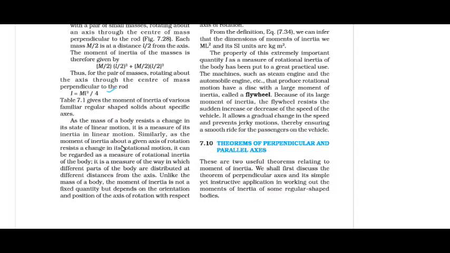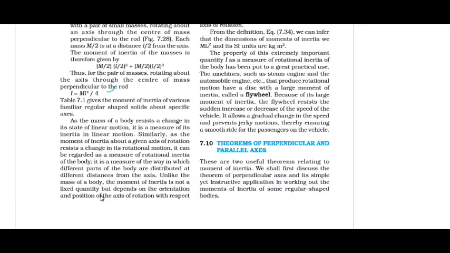Similarly, as the moment of inertia about a given axis of rotation resists a change in its rotational motion, it can be regarded as a measure of rotational inertia of the body. It is a measure of the way in which different parts of the body are distributed at different distances from the axis.